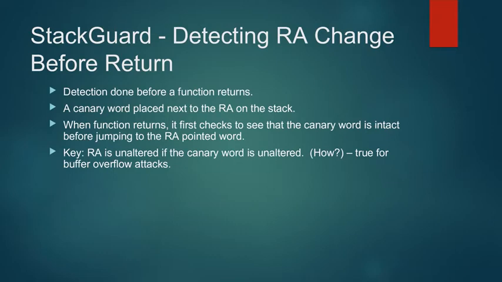When the function returns, the canary word is checked to see if it is intact before jumping to the return address. Because buffer overwrite can only occur in a linear direction depending on the stack growth, the canary is placed in such a position that the return address cannot be altered if the control value, the canary word, is not altered.